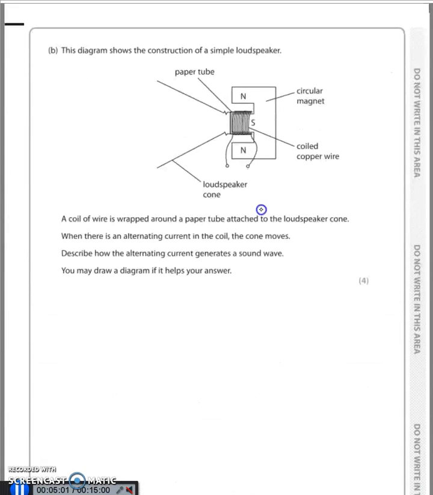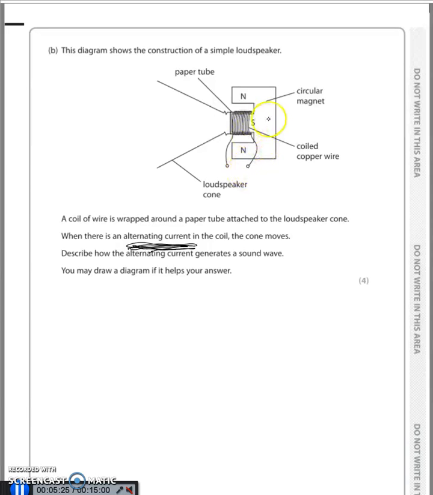So for the next part, we've got a loudspeaker. You again have this time a circular magnetic field, and you've got a coil of wire that a current is going to flow through. And in this case, it's going to be an alternating current. And it says, describe how the alternating current generates a sound wave.